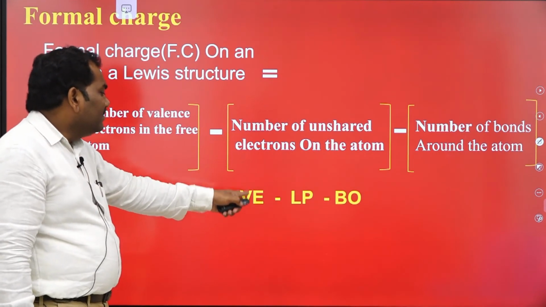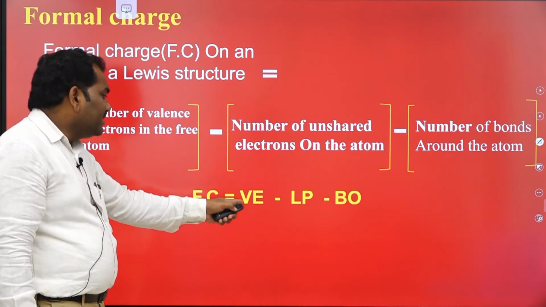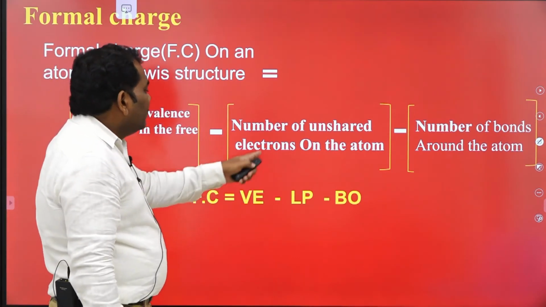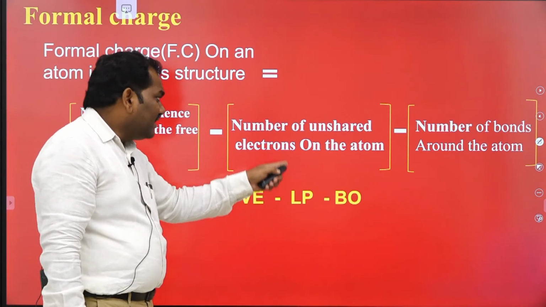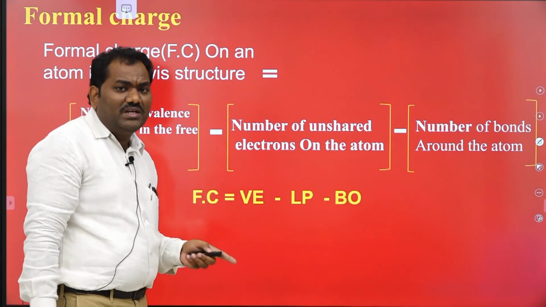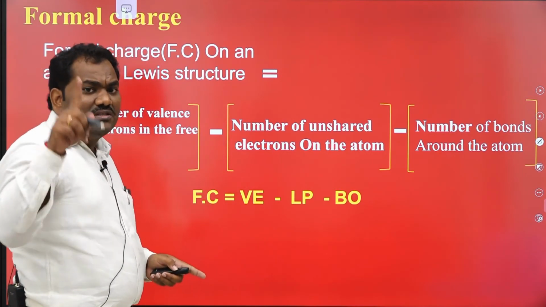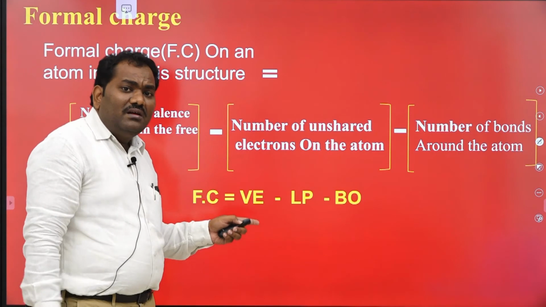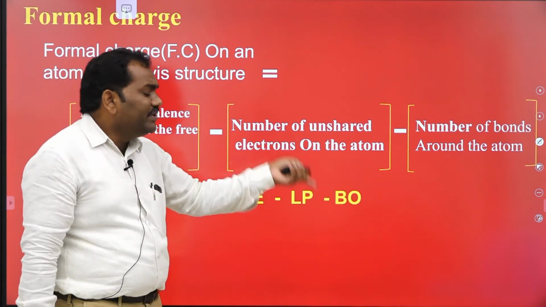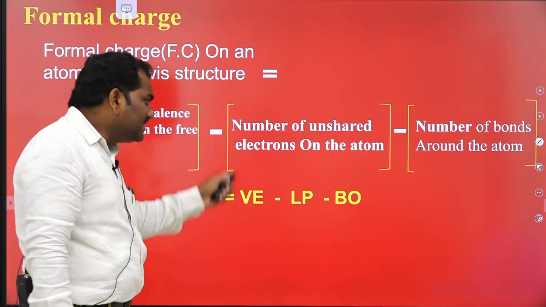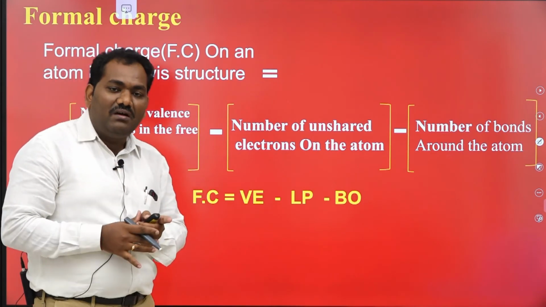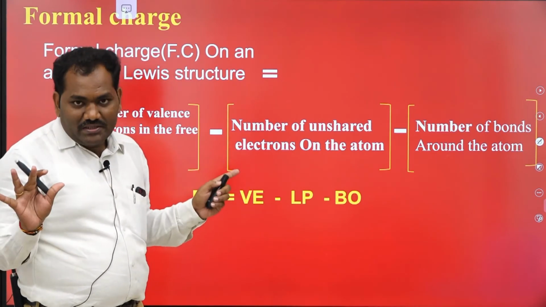V is the number of valence electrons in the isolated atom, Lp is the lone pair electrons, meaning unshared electrons, and BO is the number of bonds around that atom. By using this formula, we can easily calculate the formal charge of an atom in any molecule.